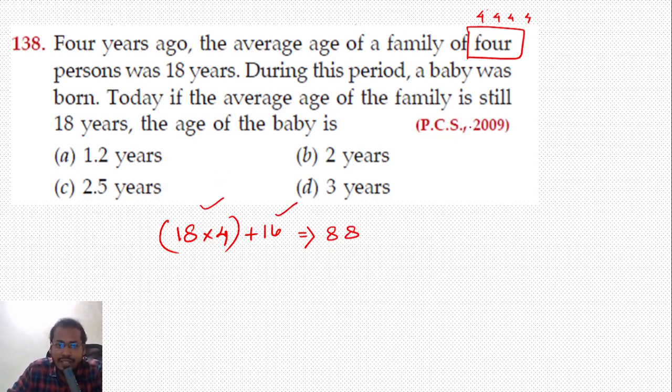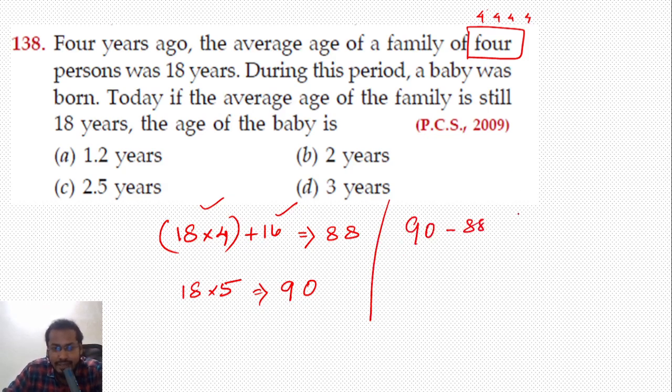Today the average age of the family is still 18. But 18 into 5 varum. Okay, so 18 into 5, that is equal to 90. 90 years. Okay, so if you want to find the baby's age, 90 subtract 88. So it was 2 years. Okay, so that is the age of the baby.